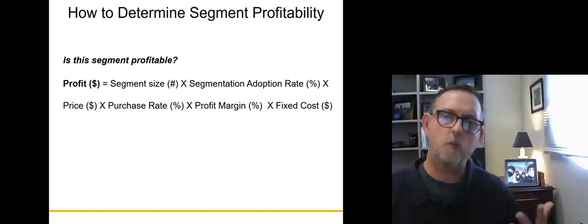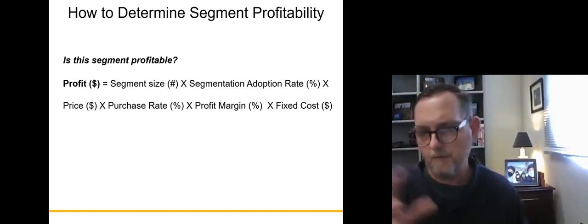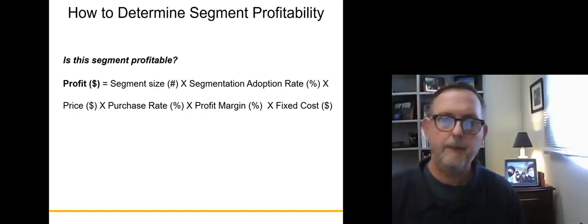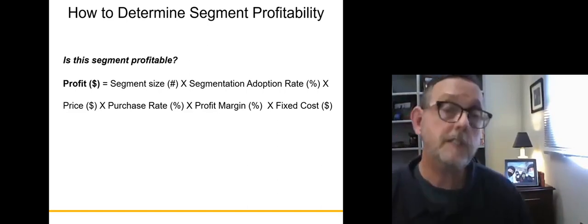A rate is oftentimes a percentage, but this is a one time thing. If you bought it more than once, it'd be 2 or 3 or something like that. Profit margin and then fixed costs, and then that's how we'll do this. These are all multiplied together. Okay, so here's the example.